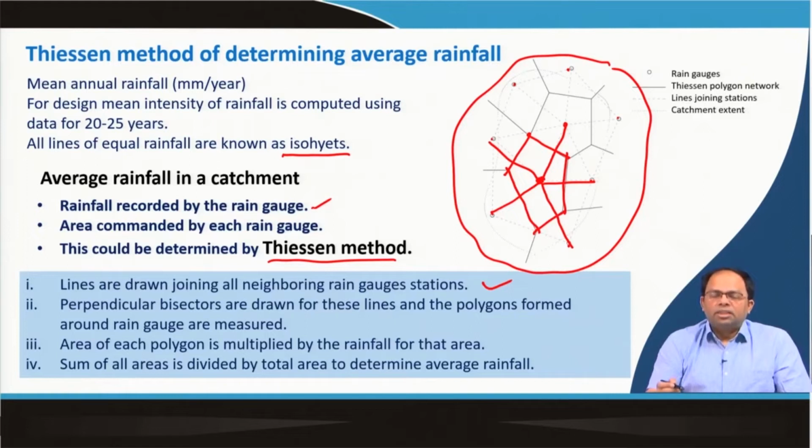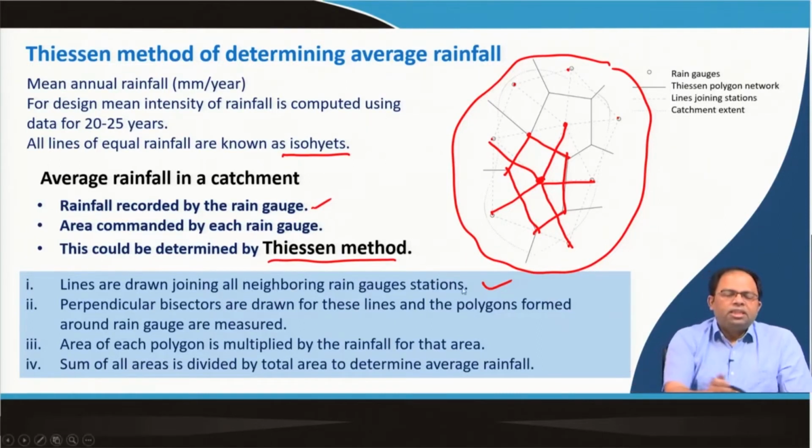volume of water, or the total amount of water that has been collected because of rain in this particular catchment. And then if we want to determine the average rainfall in this particular catchment, we divide it by the overall area, and we determine the average rainfall intensity, right, for this particular catchment. Or we can just measure the total volume of rainfall that has happened in this particular area, and based on that we can determine what sort of infrastructure is required and so on.